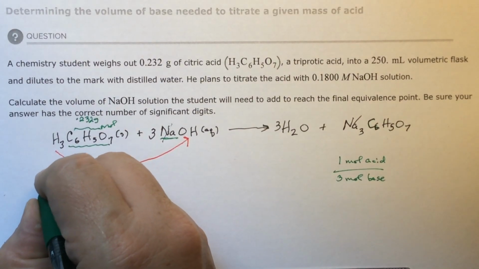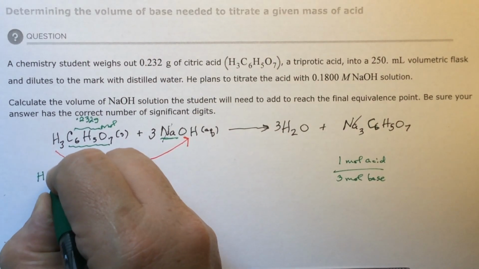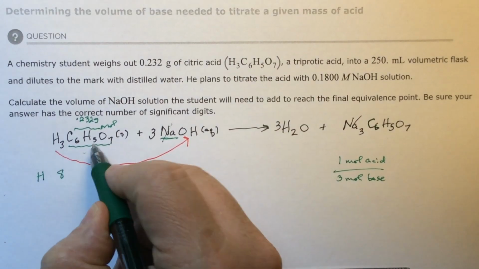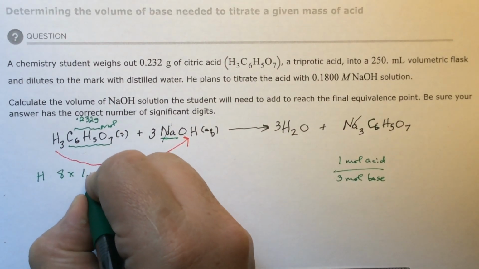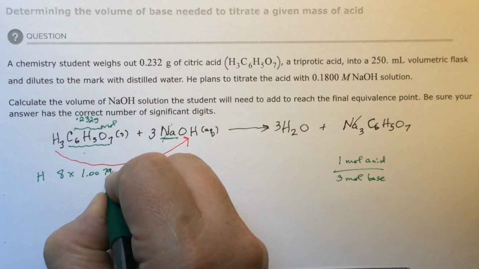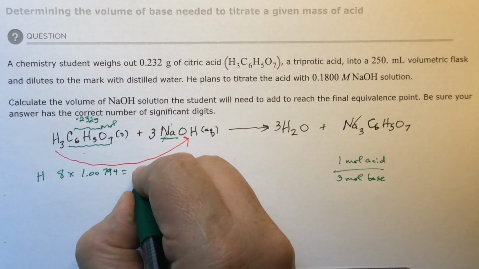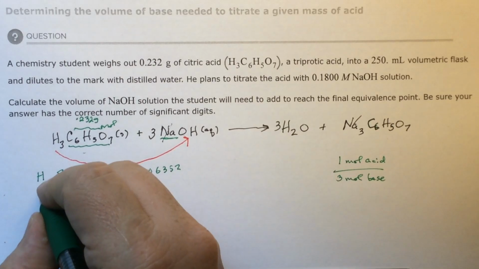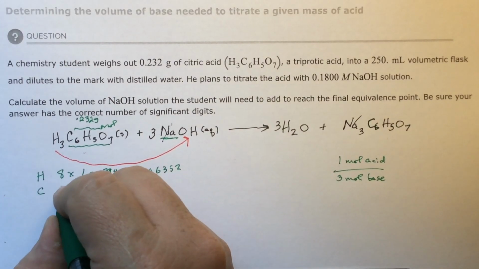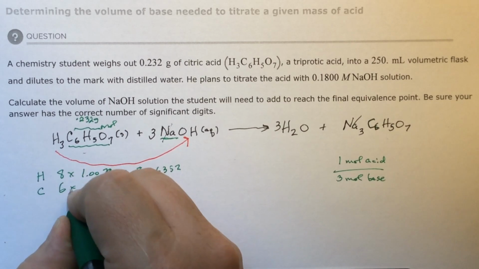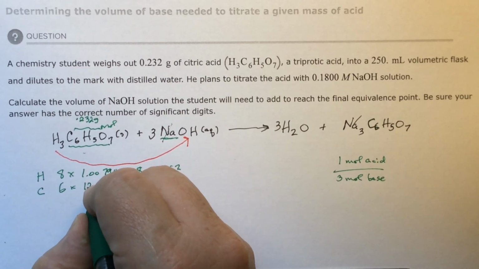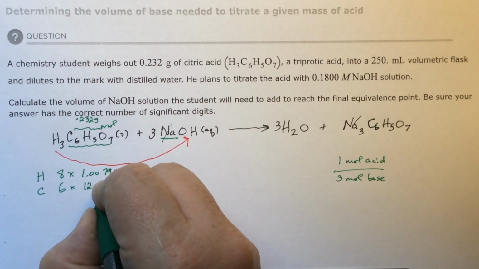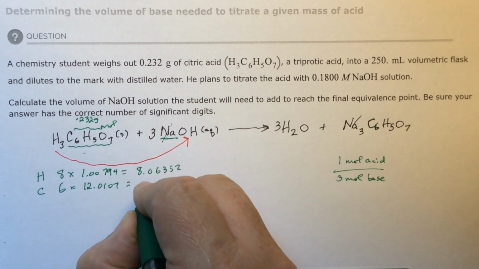So I've got 8 hydrogens, times 1.00794. That equals 8.06352. I've got carbon. There's 6 of them, times the atomic mass of carbon, 12.0107.